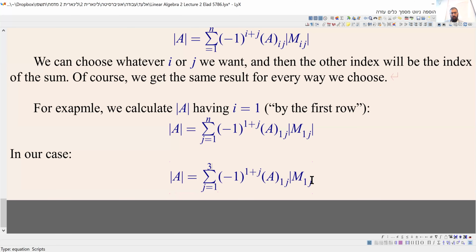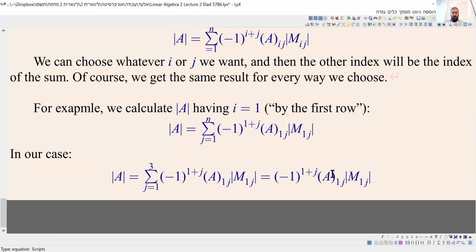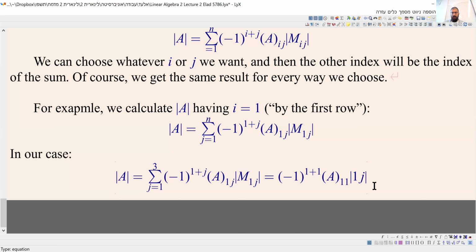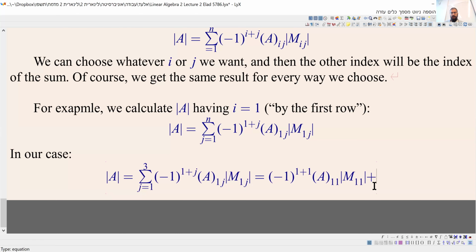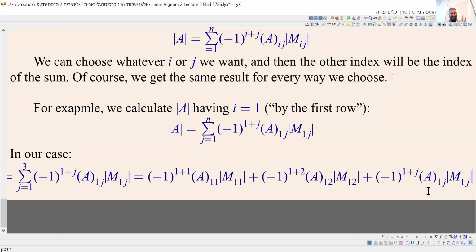When you calculate it for homework or an exam, do it right away. We have 3 elements in the sum. One for j equal to 1, second for j equal to 2, and the third one for j equal to 3. Let's see if it fits in one line. If not, go down one.